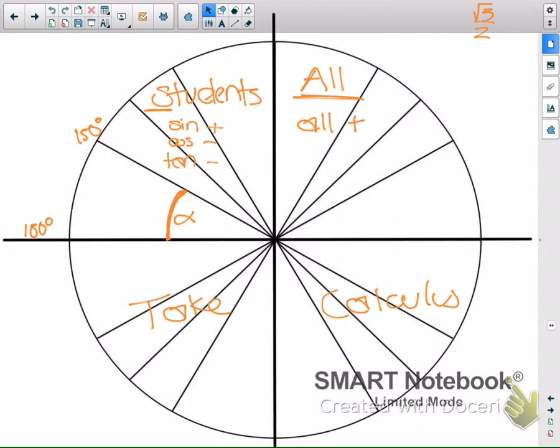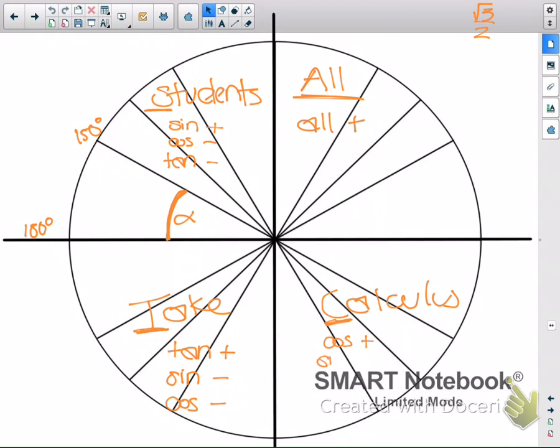Negative. The T in take tells me which one is positive? Tangent is positive, and therefore sine and cosine are negative. The C in calculus tells me cosine is what?